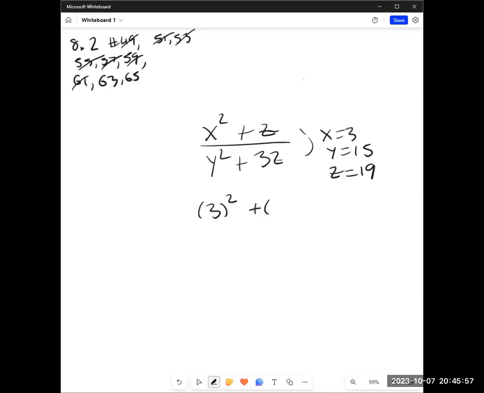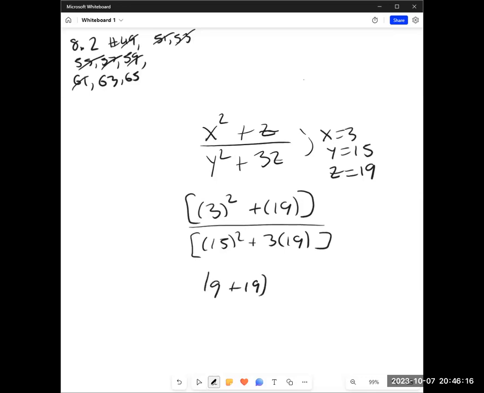3 squared plus 19 over 15 squared plus 3 times 19. We're going to have to simplify numerator and denominator separately before we can take care of the division. 3 squared is 9. 15 squared is 225.